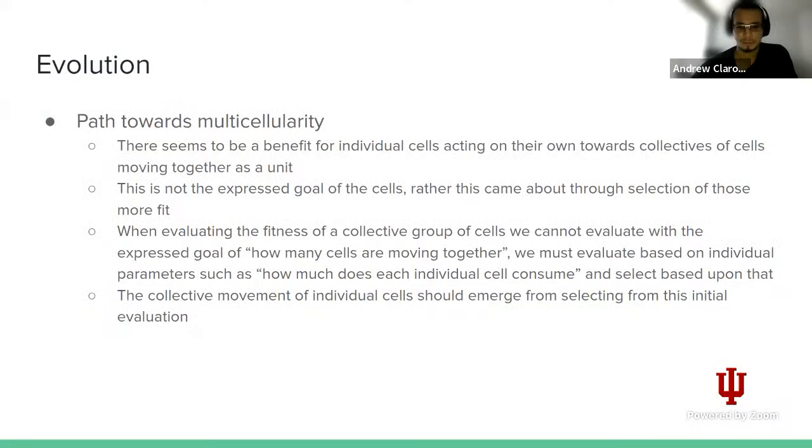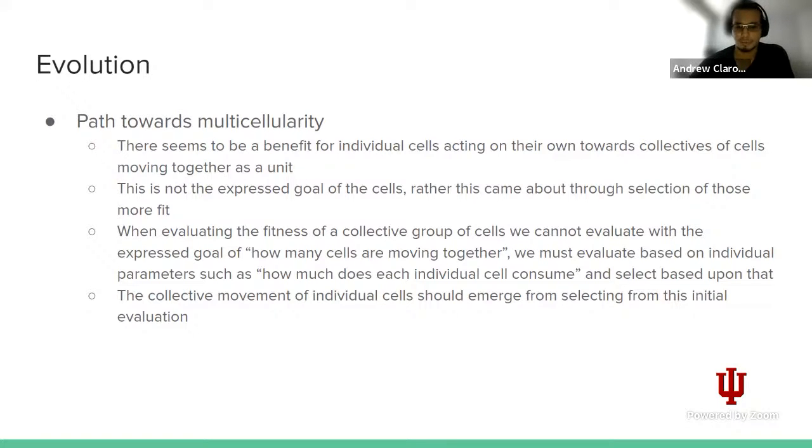So the general idea is that multicellularity seems to be more advantageous than having individual cells moving, doing their own thing. And the interesting thing is that this is not the goal of cells. It just so happened that because they were able to come together, they had higher fitness and were selected for those conditions.